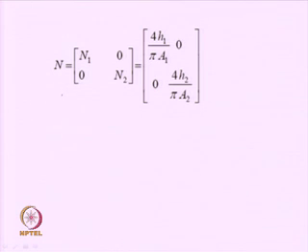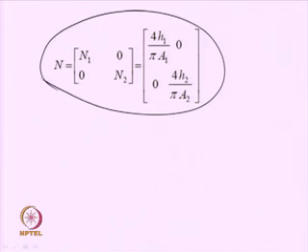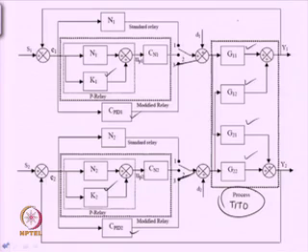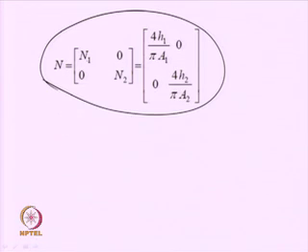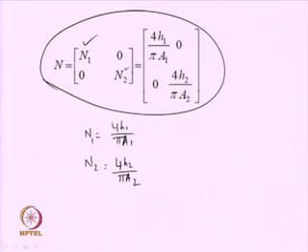Please allow me to take the dynamics of the nonlinear elements N1 and N2 in some diagonal form. N is equal to diag(N1, N2), where N1 is equal to 4 H1 upon pi A1 and N2 is equal to 4 H2 upon pi A2. So, what are H1 and A1 in the expressions for N1?